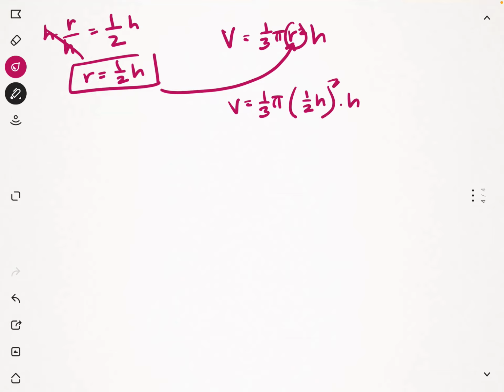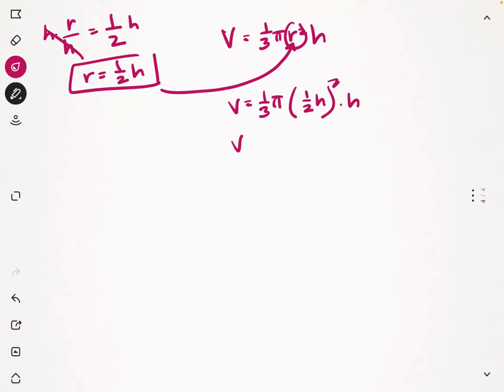The neat thing about this is it eliminates one of the variables, so we only have two variables we're working with, the V and the h. We could have done the same thing, instead of solving for r, we could have solved for h, but that wouldn't help us. That would tell us the rate of change of our radius, but it's asking for a rate of change for our height.